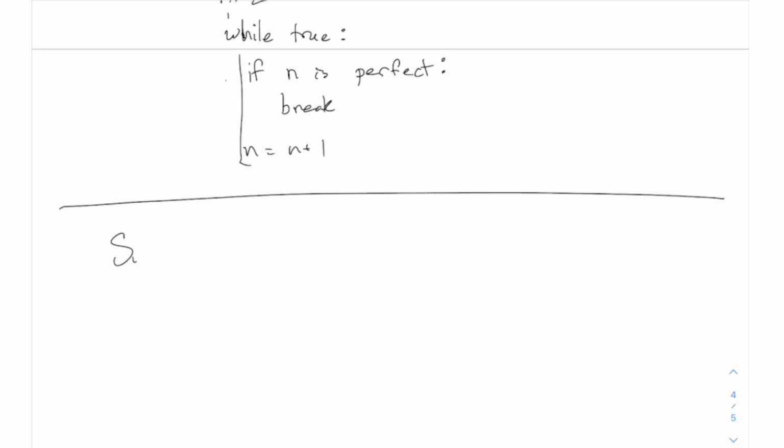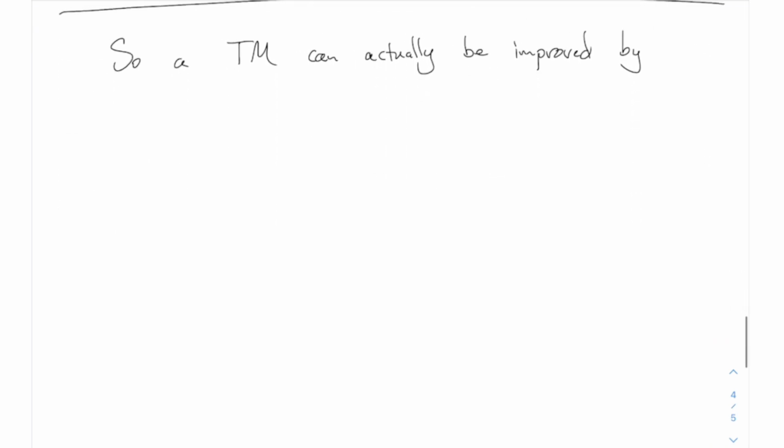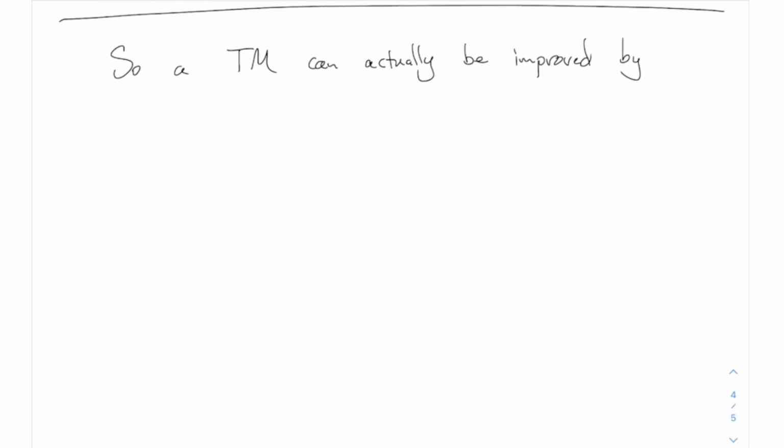And so a Turing machine can actually be improved by giving it more functionality. And this is what I said last time about, I said anything you can think of is not actually going to make the machine more powerful. But there are things you would never think of on your own. This is what I was talking about.